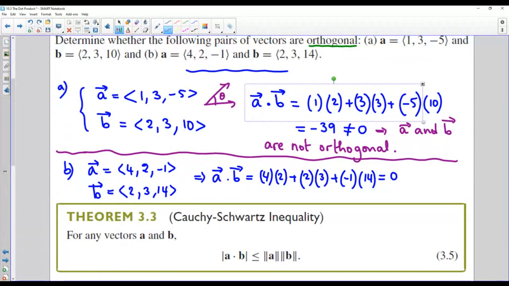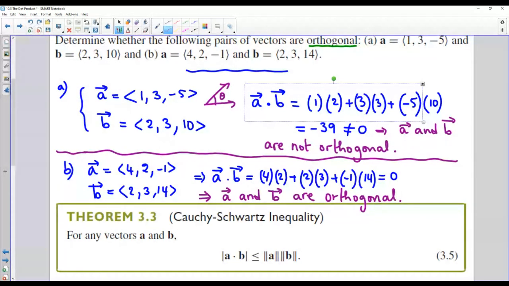So that means A and B this time are orthogonal or perpendicular. Yeah, they are orthogonal. That's it.